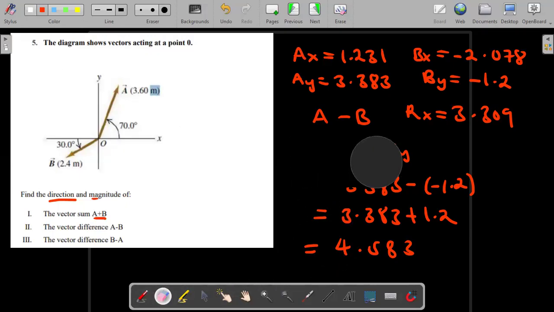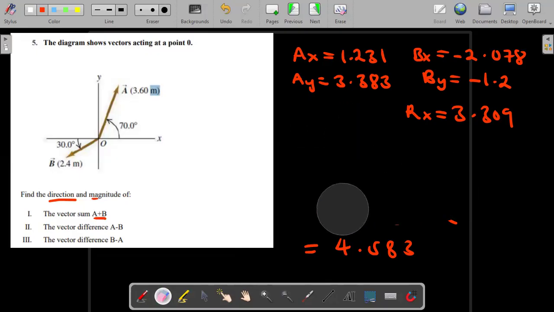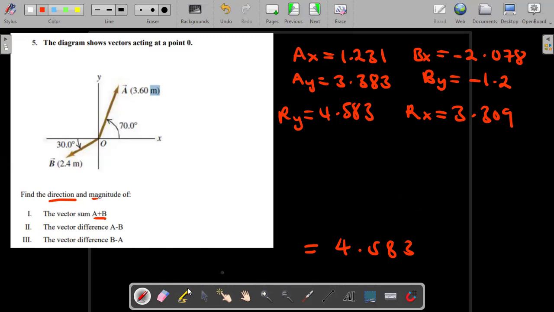So now how do I get the resultant vector? RY I write here to be 4.583.